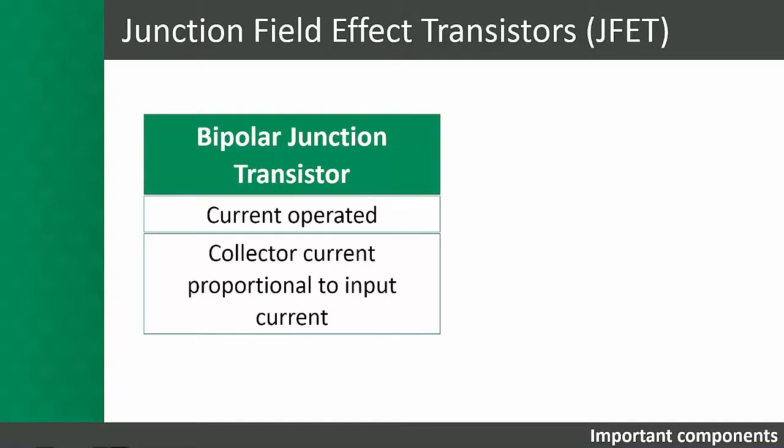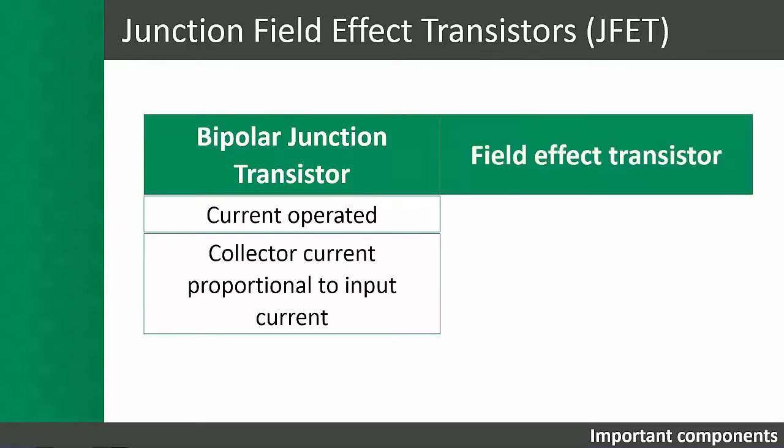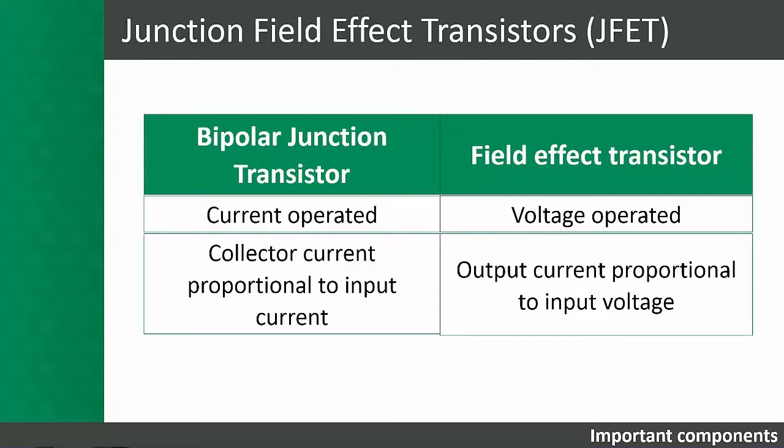current. The field effect transistor, or simply FET, however, uses the voltage that is applied to their input terminal, called the gate, to control the current flowing through them. This results in the output current being proportional to the input voltage. As their operation relies on an electric field generated by the input gate voltage, this then makes the field effect transistor a voltage-operated device.